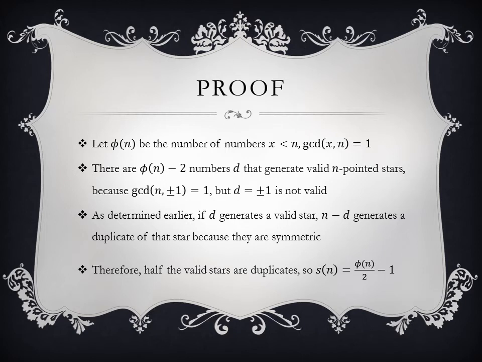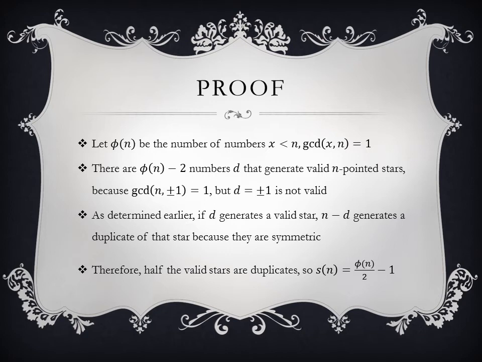So now we know which values of d are valid, but we still need a way to calculate the number of valid values. We'll define a function called phi of n, which is the number of numbers less than n that are relatively prime to n. All of these relatively prime numbers, except for 1 and negative 1, generate valid n-pointed stars.